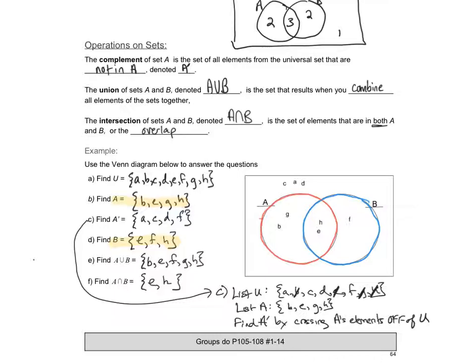I'm just going to notice that if it's not inside A, then it is in the region outside of A, which is going to be all of this out here. So this is the region outside of A. And the only elements in that highlighted region are A, C, D, and F.